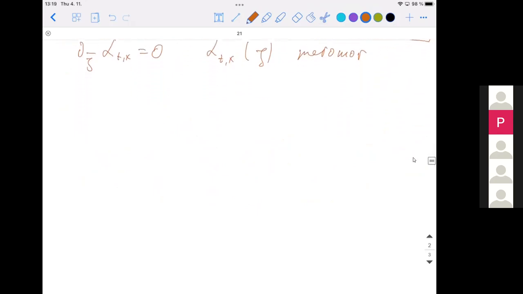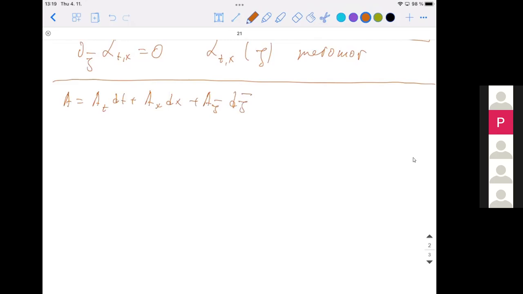Okay, so this was just the general point of how we will go. So now maybe more in detail. A is now a one-form, with d zeta bar, and there is no A zeta.